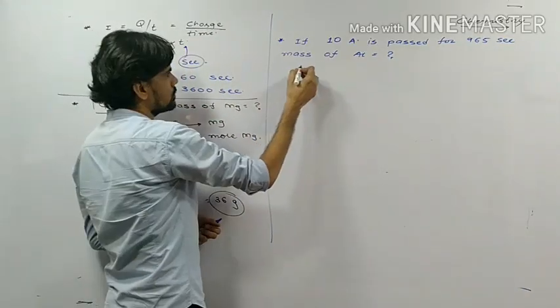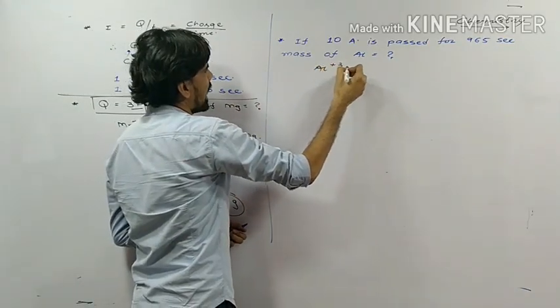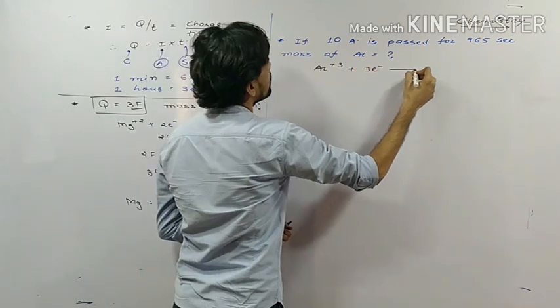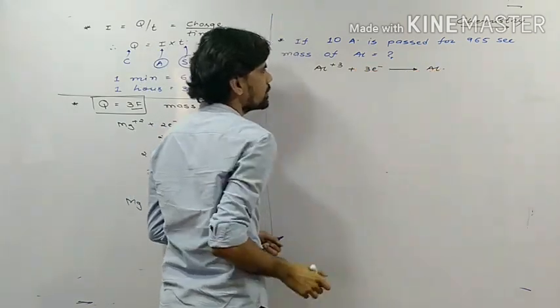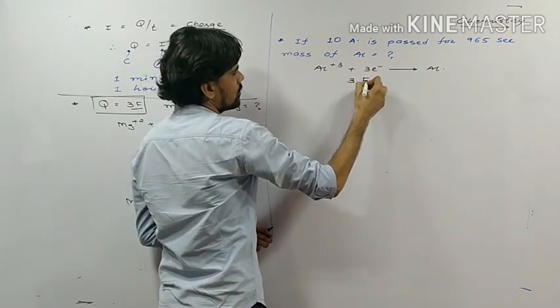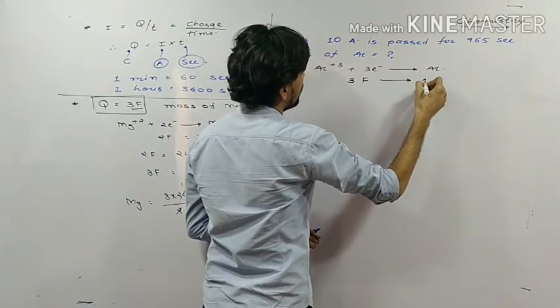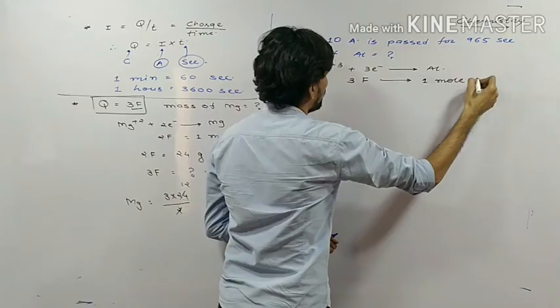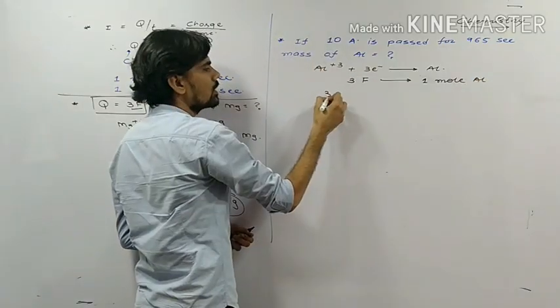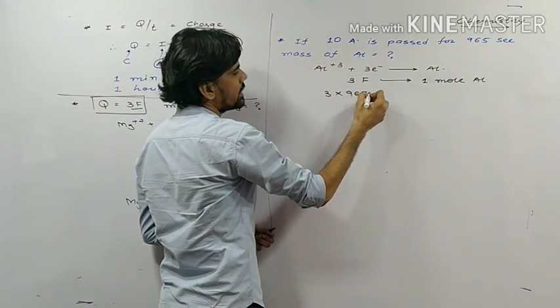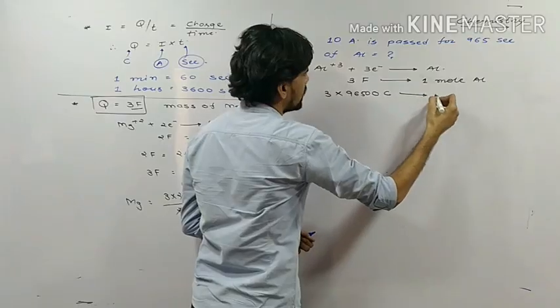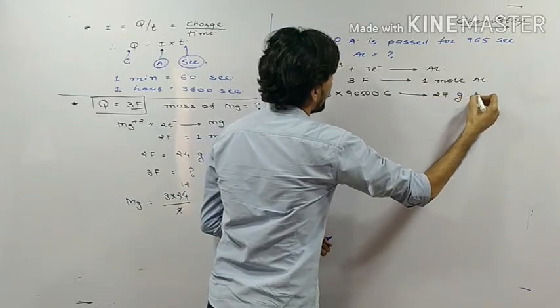Okay, now aluminum 3+ plus 3 electrons gives aluminum. 3 Faraday will give 1 mole aluminum. It means 3 multiplied by 96500 coulomb is equal to 27 gram aluminum.